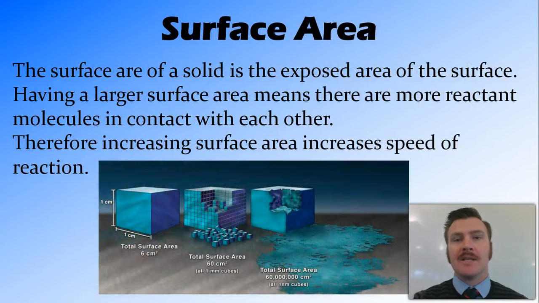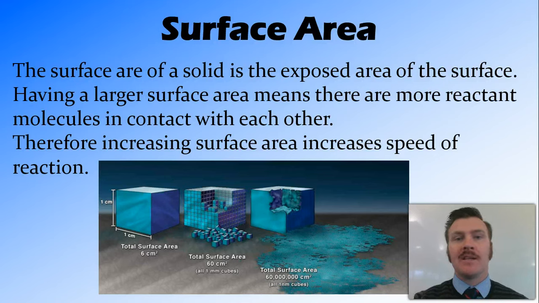Another way to increase the speed of reaction is to increase the surface area of the reactants. By increasing the surface area, we have more of the reactants in contact with each other, therefore more reactions are able to occur. One way of increasing surface area is to use smaller pieces of something. So if you think about a solid, it has a particular surface area.